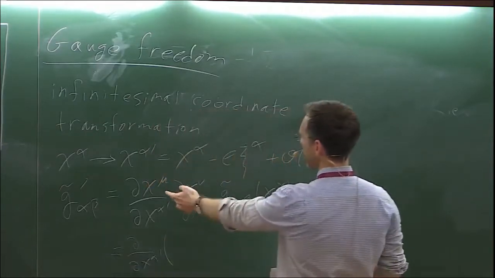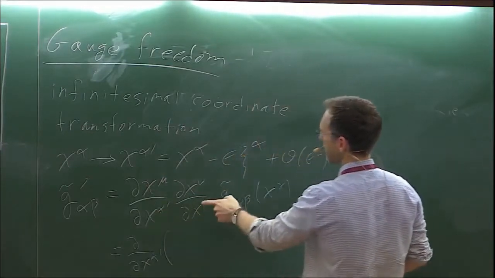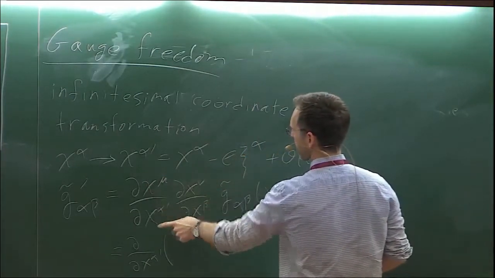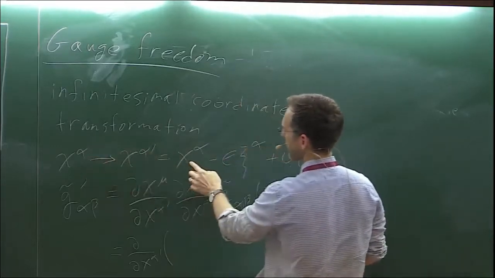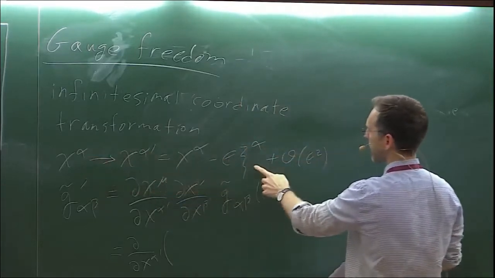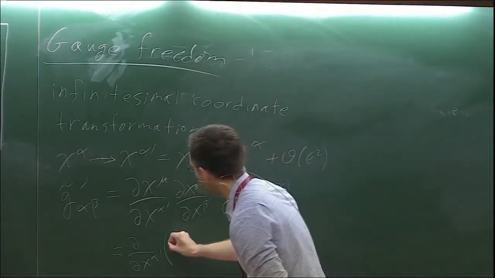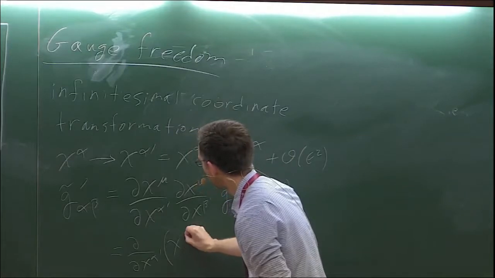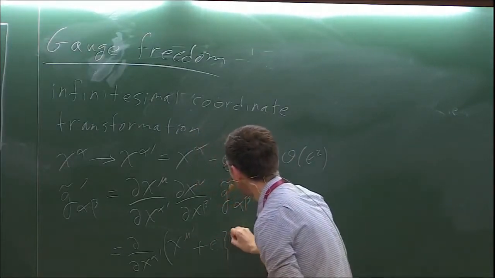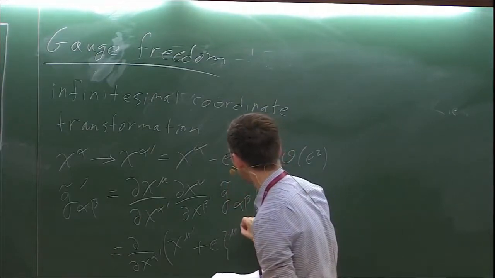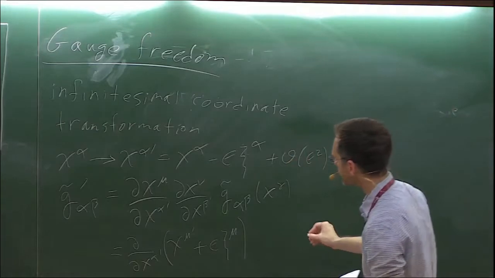Okay, so in here we need the derivative of x with respect to x prime. So I need to write x as a function of x prime. That means I just move this over to the other side, and then I have x equals x prime plus epsilon xi. So we've got x mu prime plus epsilon xi mu. And we'll drop higher order terms.